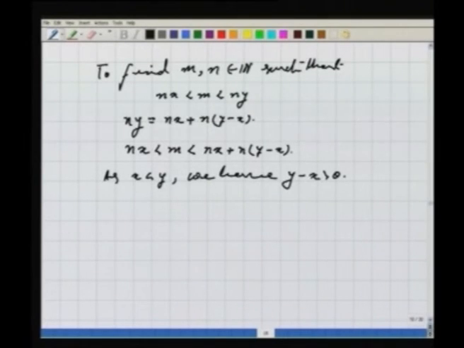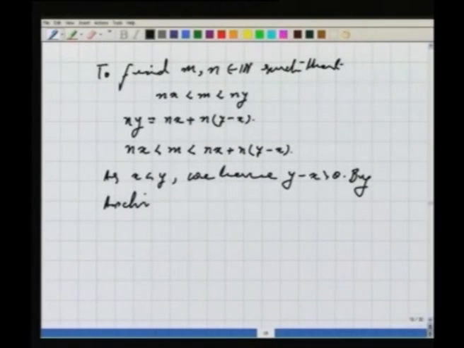In this case, I say by the Archimedean property, I can always manage to find a natural number n such that n into y minus x, let us say, is bigger than 10.